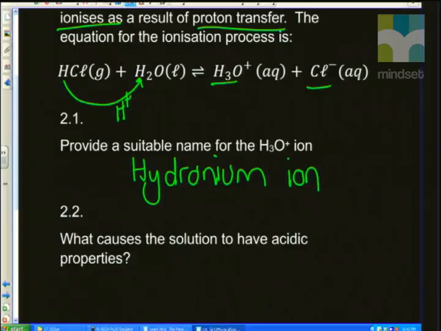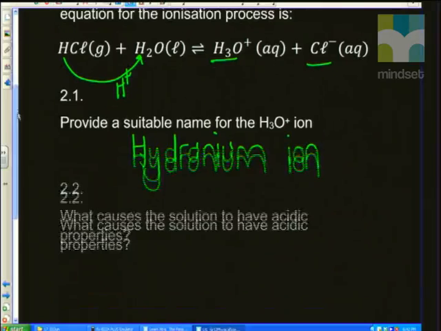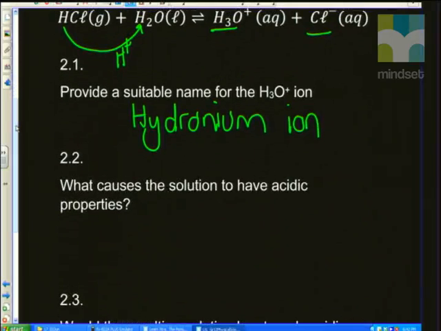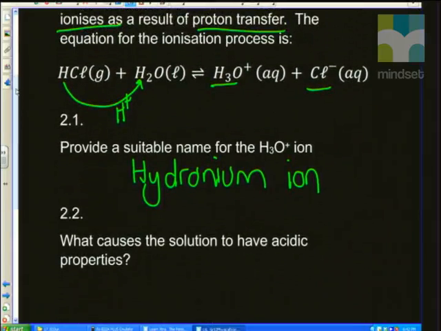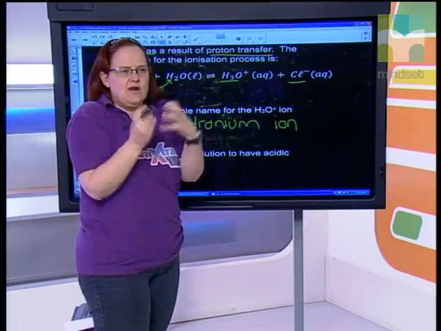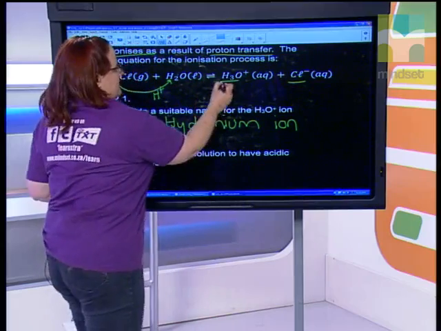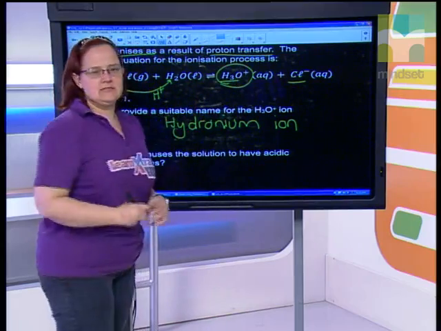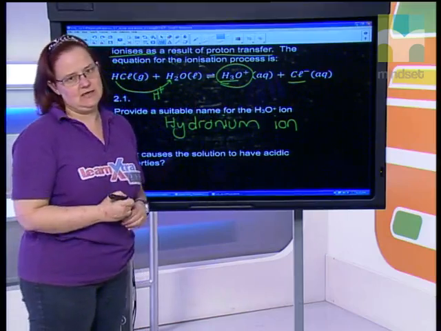Now they say to you, what causes the solution to have acidic properties? So when we look at this, we go, okay, what is it about this part of the product side of my solution that says, why does it behave like an acid? What is it that makes it acidic? It's the presence of the H3O plus ions.